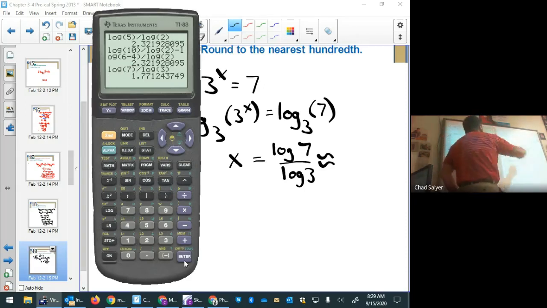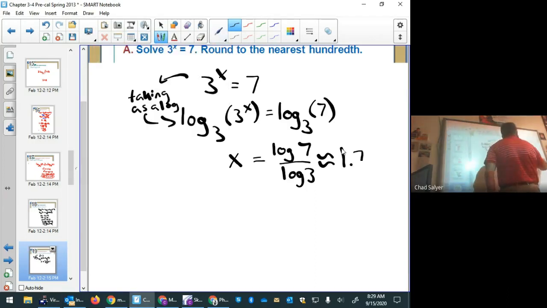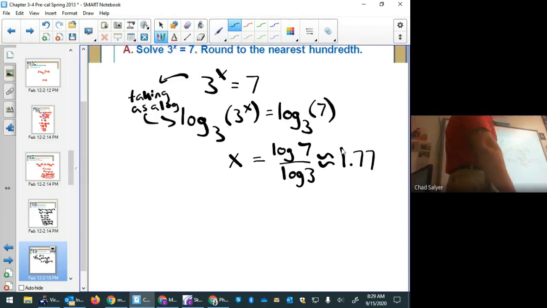It's about 1.77. See how easy the logarithm makes those problems.